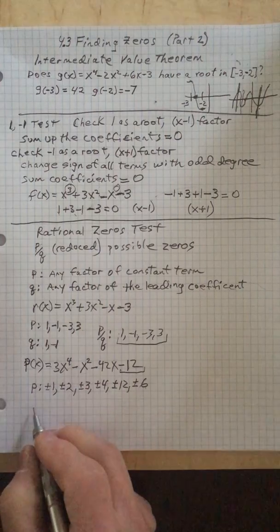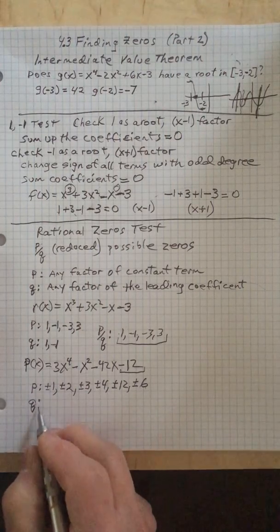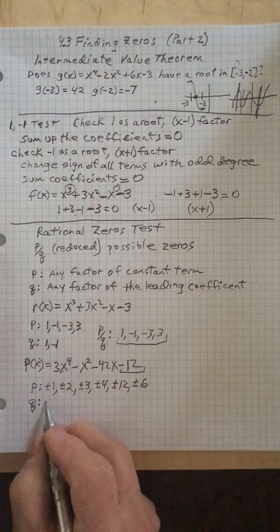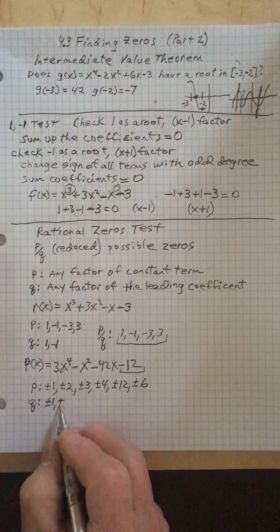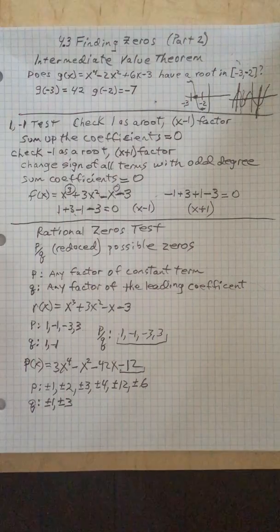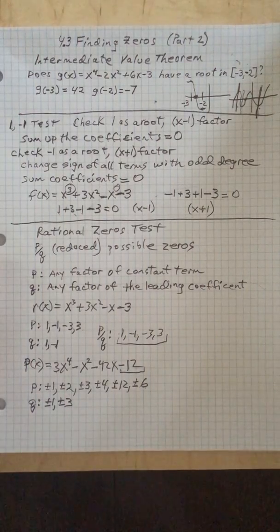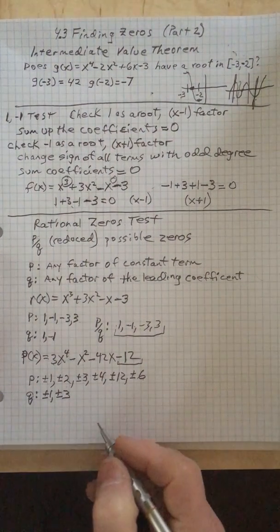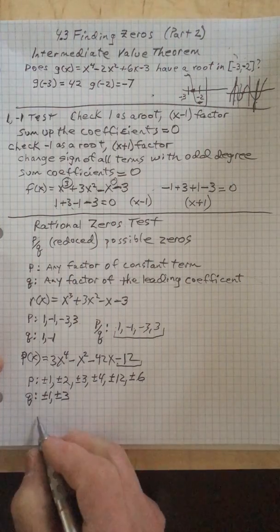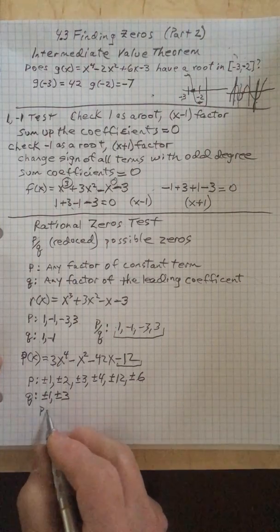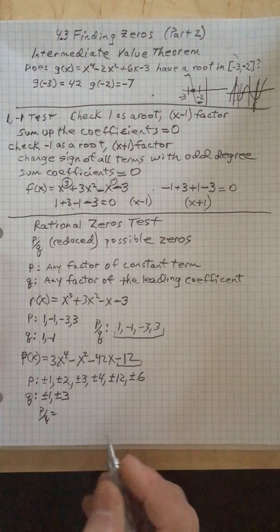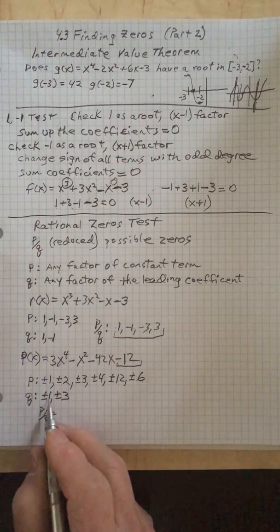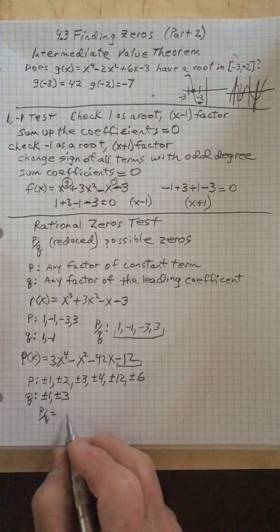Here we have plus and minus 1 or plus and minus 3, and that's it for q. Okay, but look what happens here. p over q. Look at all the combinations. All of these divided by 1 or -1.